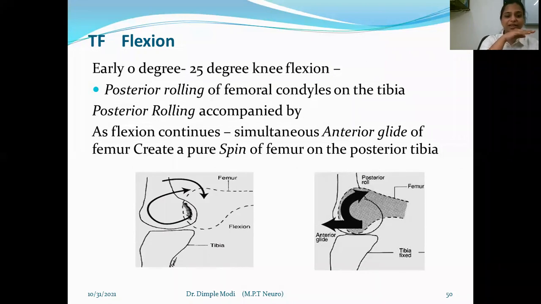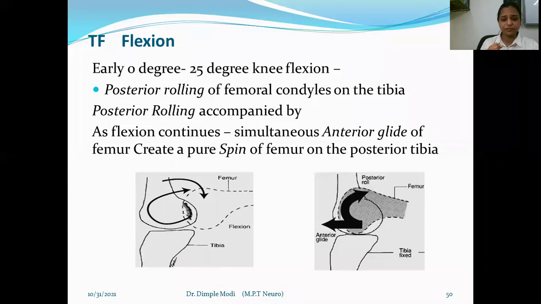I told you that for tibiofemoral flexion and extension, the horizontal line of axis passes through the femoral epicondyles. There is a large articular surface of the femur and a small tibial condyle. It creates a potential problem when the femur flexes on the fixed tibia.